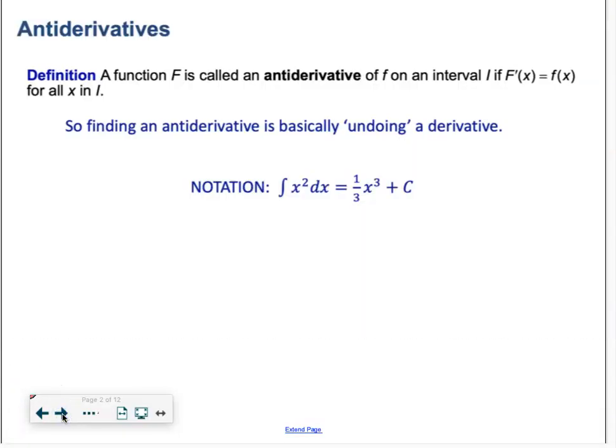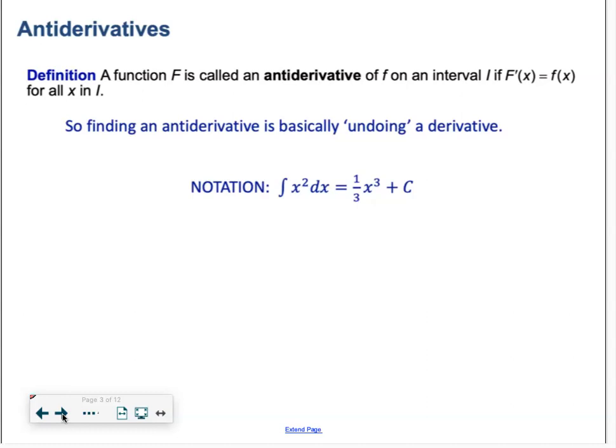All right. Antiderivatives. Okay, so antiderivatives: a function big F is called an antiderivative of little f if the derivative of big F equals little f. Big F is not accepted notation for an antiderivative, but it is often used.